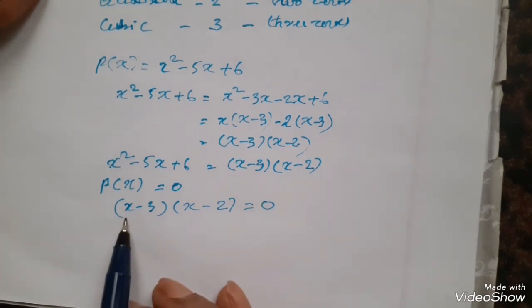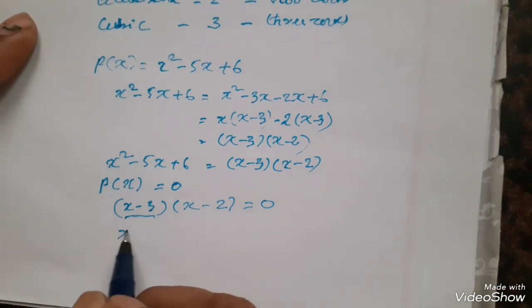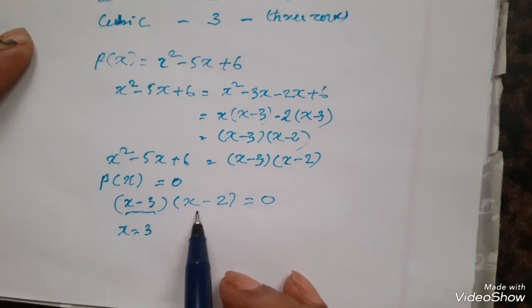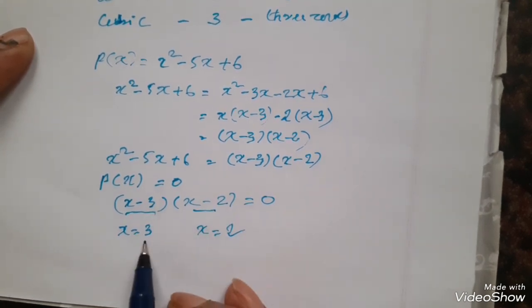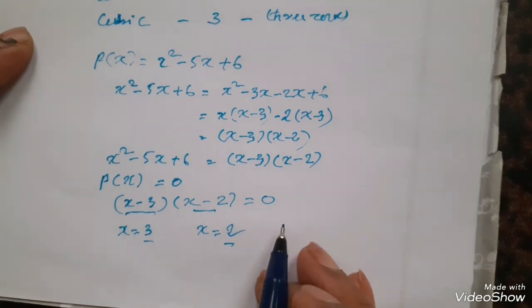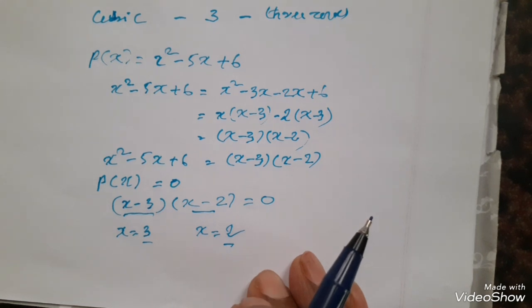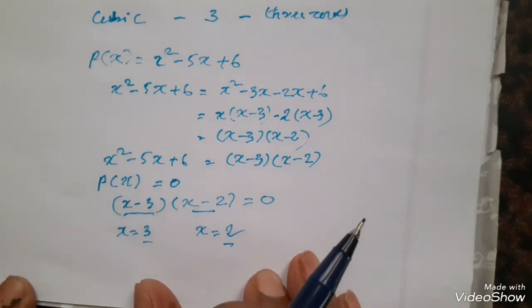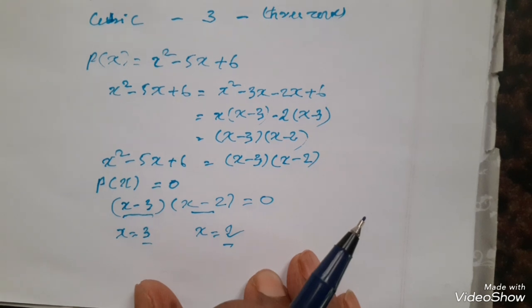We can find the zero of x minus 3: x equal to 3. And we can find the zero of x minus 2: x equal to 2. So 3 and 2 are the zeros of the quadratic polynomial. Now let us see the relation between the zeros of the quadratic polynomial and the coefficients of the quadratic polynomial.